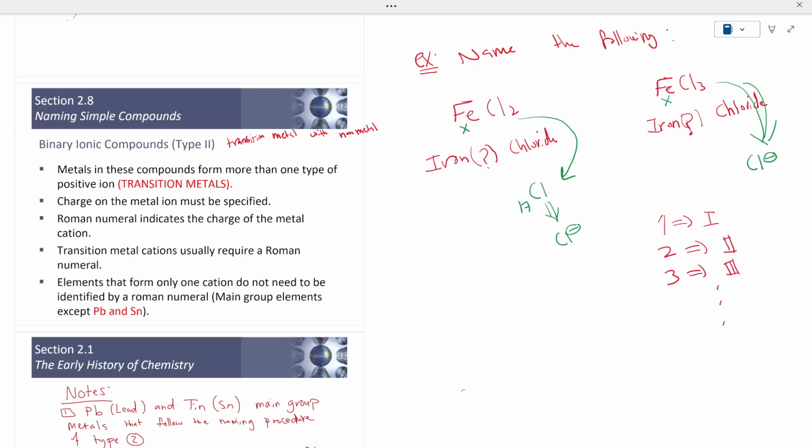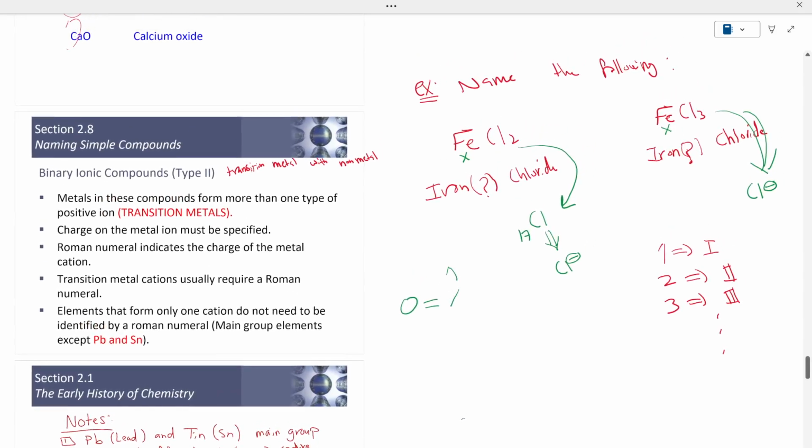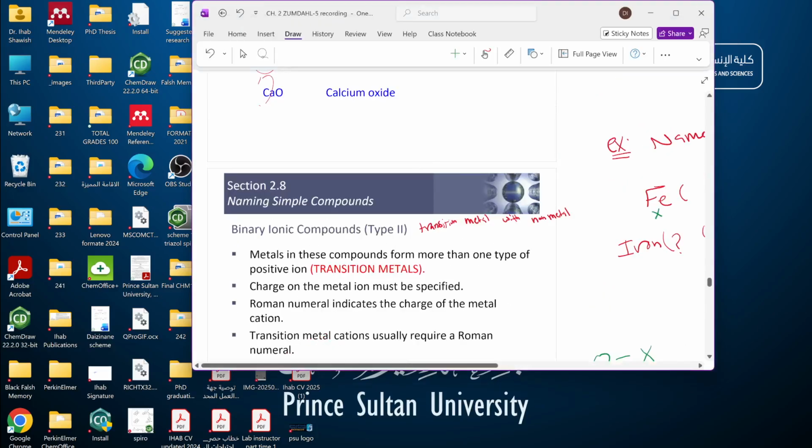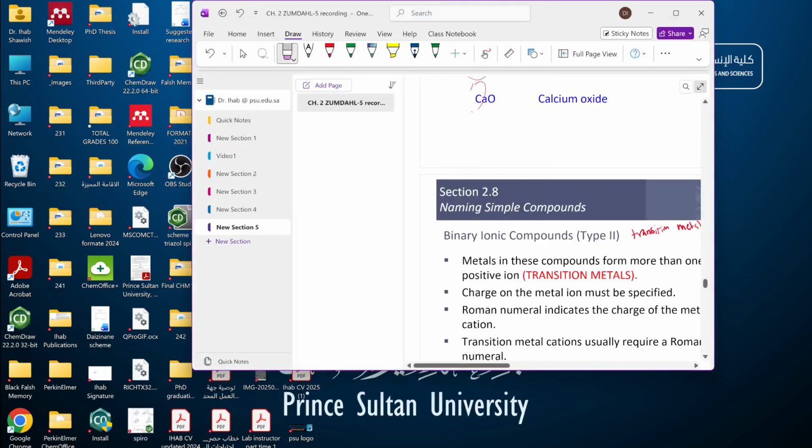We assume that the charge of iron is X. So here is X, plus the charges of chlorine.